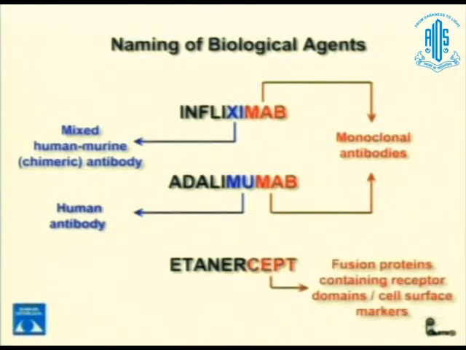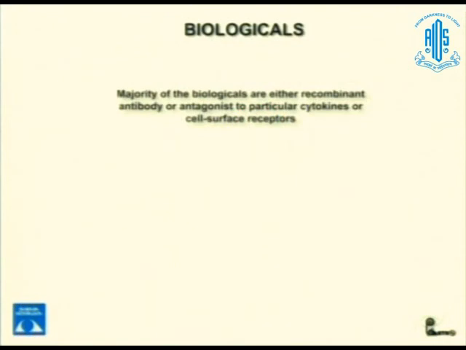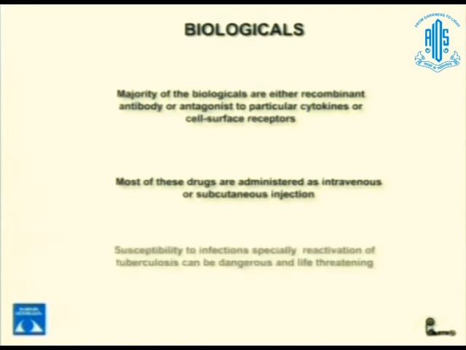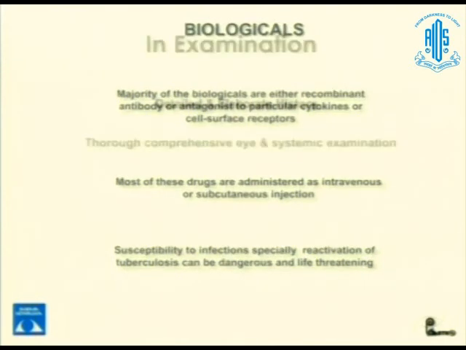And in etanercept, cept indicates a fusion protein which acts against the receptor domains or the cell surface markers. The majority of these are recombinant antibodies, mostly given as subcutaneous and intravenous injection. Reactivation of granulomatous infection like tuberculosis is a major and life-threatening problem which limits its use in our country.